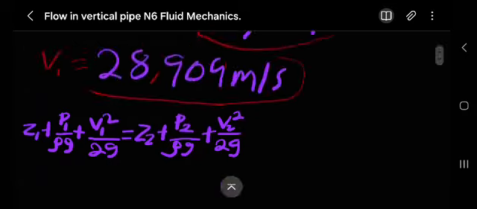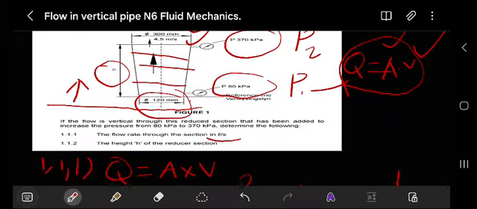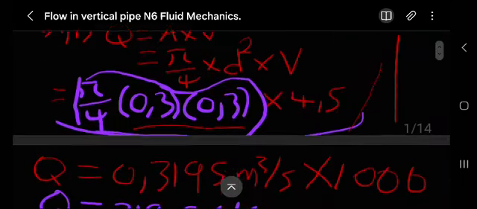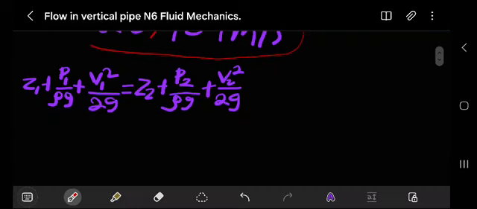Right, so let us substitute. What do we have? Z1 is a reference, which will be 0. Z1 will be 0, plus pressure 1 we are given.